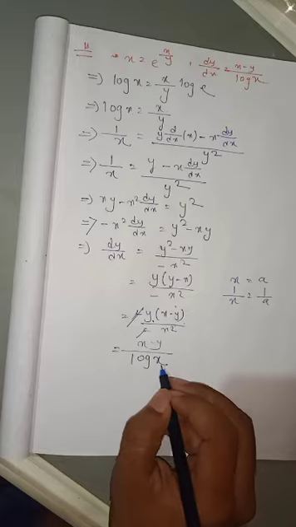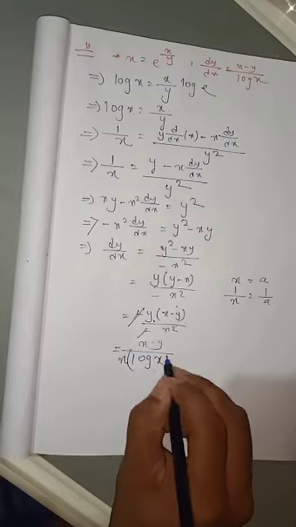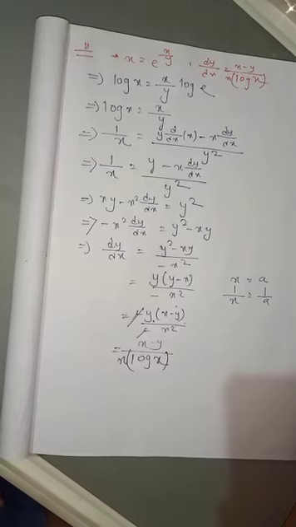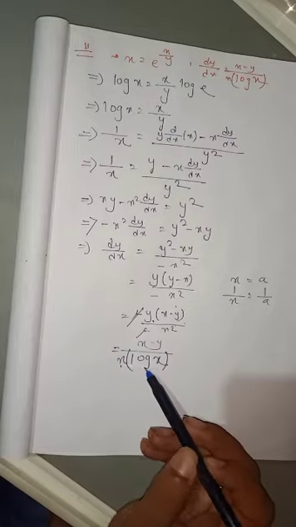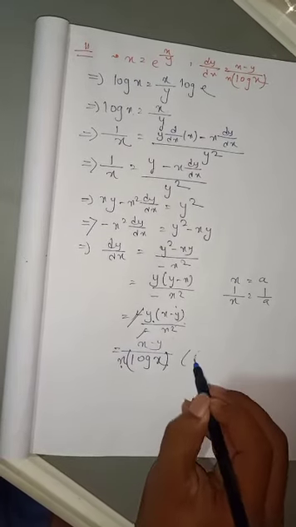Okay, so proved that dy by dx is x minus y by log x. Okay, proof.